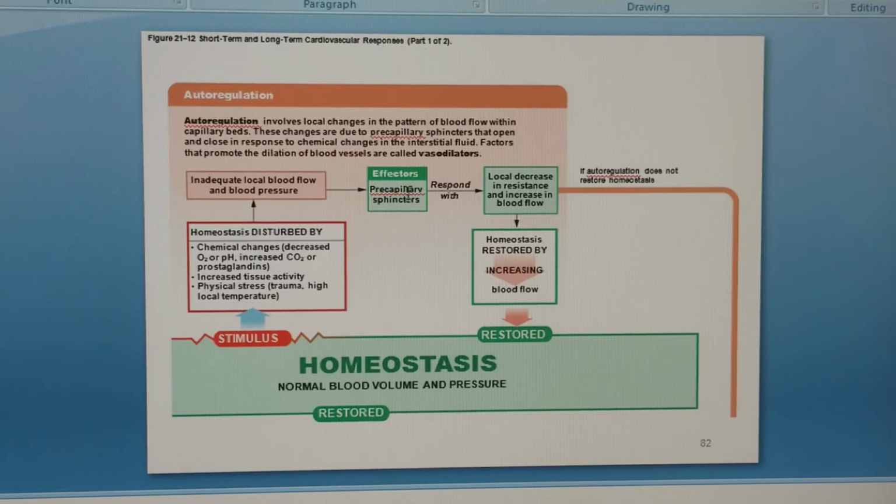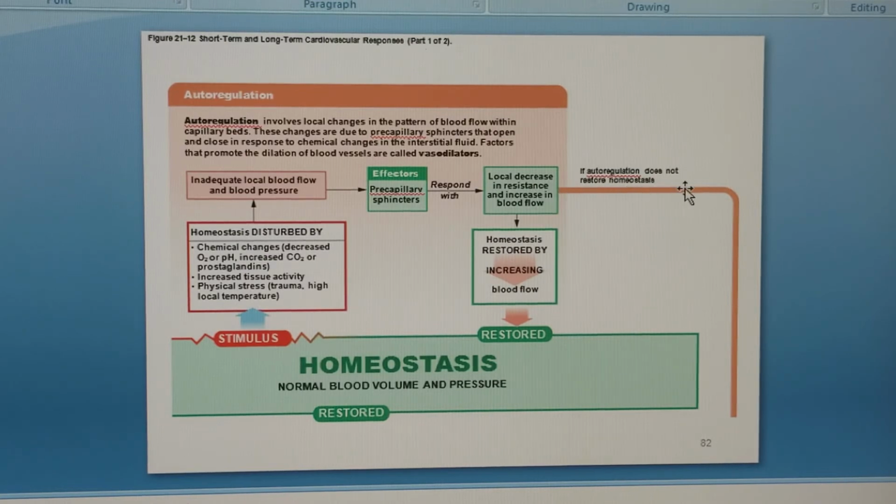The effector here is going to be the precapillary sphincters, which respond with a local decrease in resistance and an increase in blood flow, which takes us back to homeostasis. So our effectors, the precapillary sphincters, short-term and local, are going to open up a bit and let those capillaries have a little more blood flow.